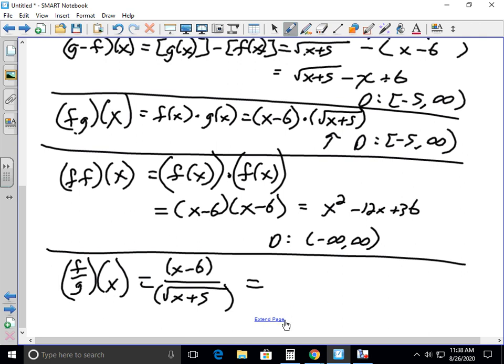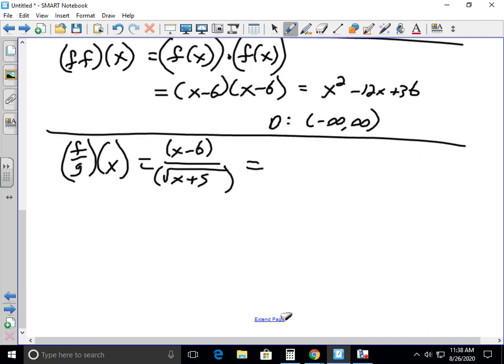We can't really simplify that any, but what about the domain? So a couple of things. If we look at the square root, that has to be positive or 0, or that would be imaginary.